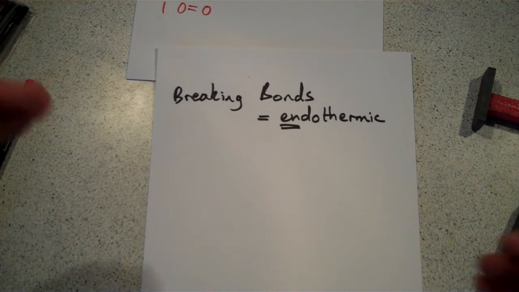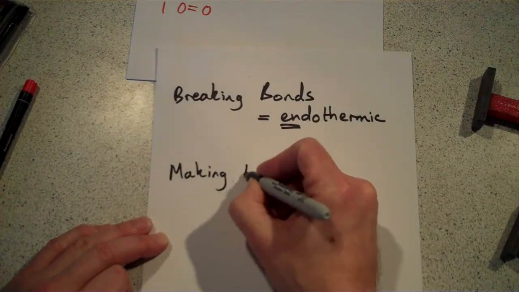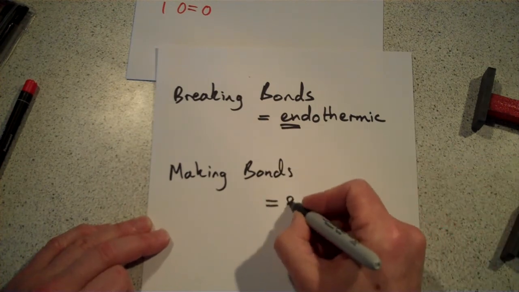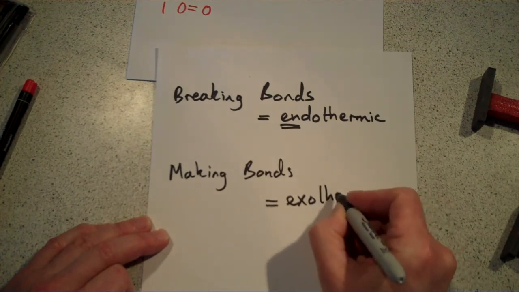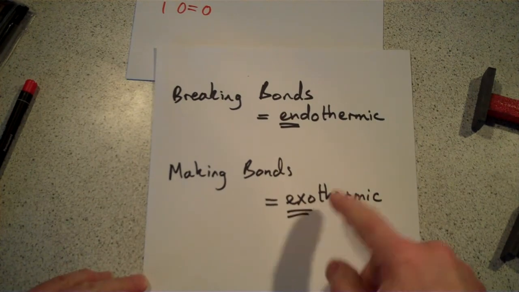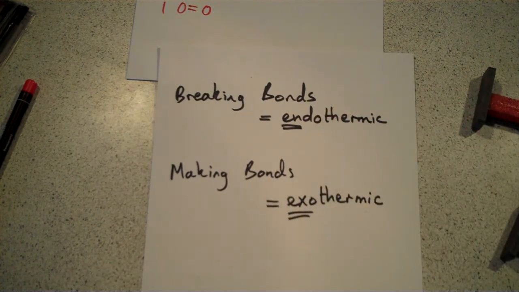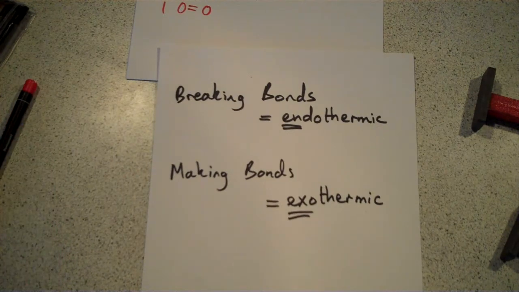It's what goes in, whereas making bonds, you get energy out. It's exothermic. And energy out, you think of the word exit, exothermic. Exo, out. Thermic means heat. Endo, entrance, heat.